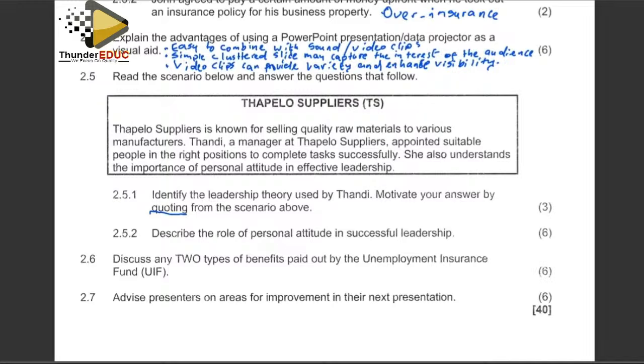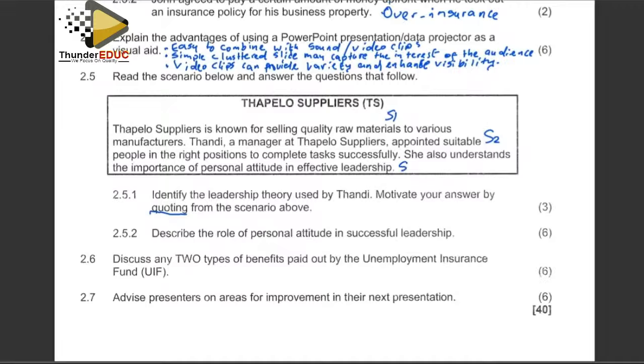So now we have sentence 1, where we are saying Tapelo Suppliers is known for selling quality raw materials to various manufacturers. And then we have also sentence 2. So sentence 2 says Thandi, manager at Tapelo Suppliers, appointed suitable people in the right positions to complete tasks successfully. So then we have what?